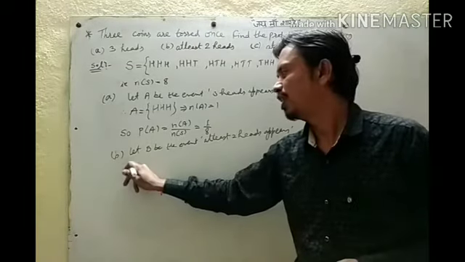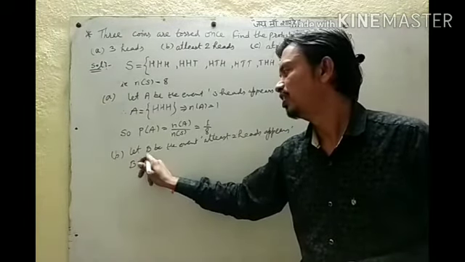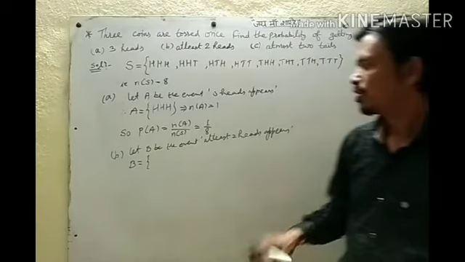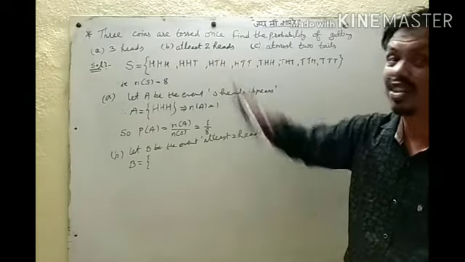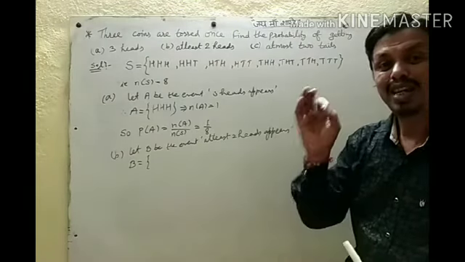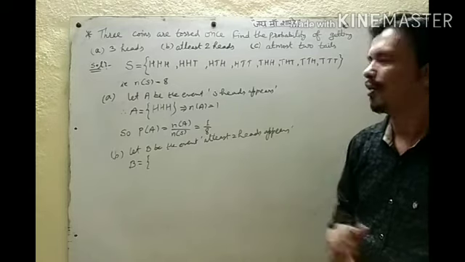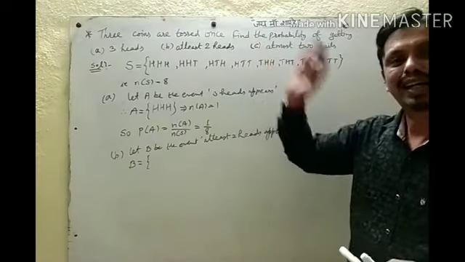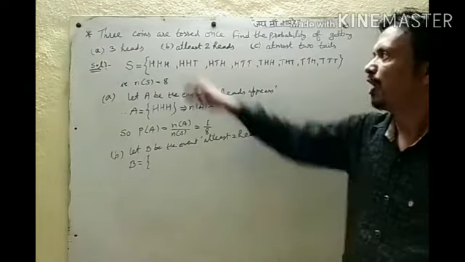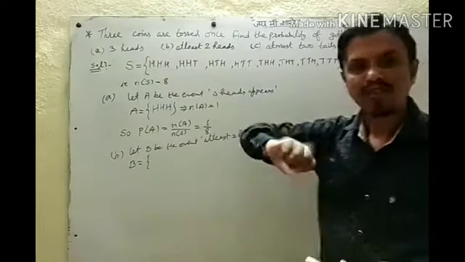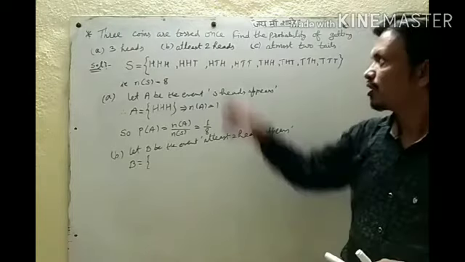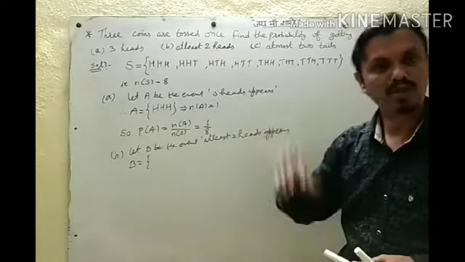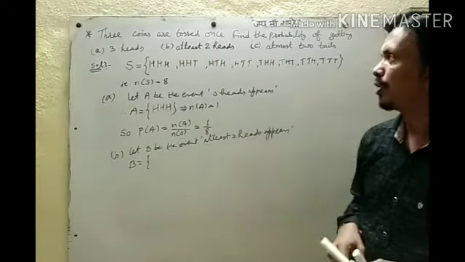Now in this case, what will be the outcomes for event B? Taking at least 2 heads. At least means minimum, at least 2 heads. So 2 heads and maximum as much as possible. We are tossing 3 coins, so maximum 3 heads we can get. So 2 heads and 3 heads, these 2 outcomes we can get.